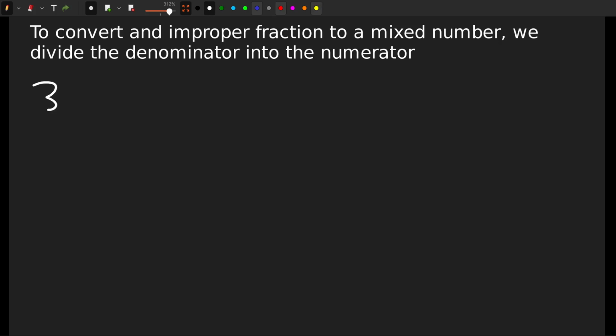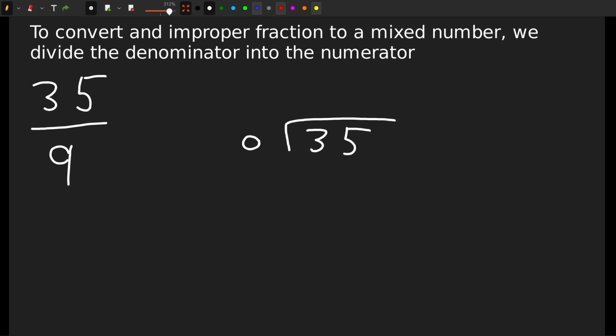We're going to divide the denominator into the numerator, which means 35 is going to go inside the house, and 9 is going to be left outside. Now in this case, 9 times 2 is 18, 9 times 3 is 27, and 9 times 4 is 36. So clearly 36 is too big, so we're going to choose that 9 goes into 35 3 times.